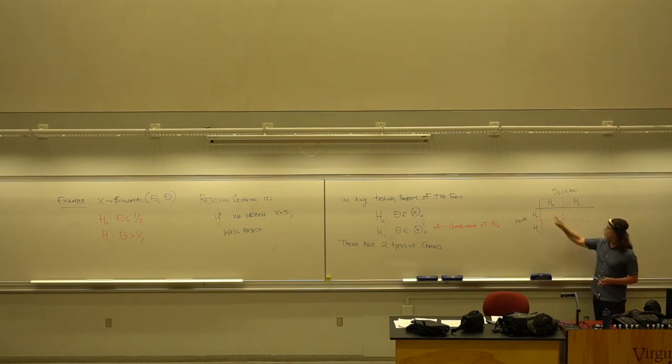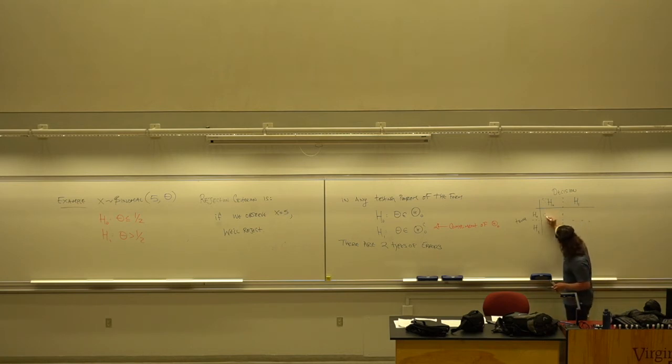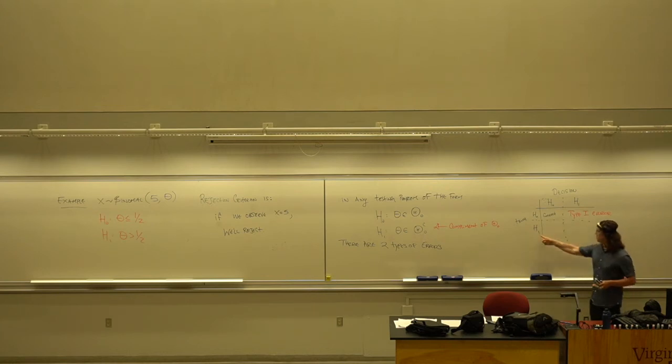Okay, if H naught is true and we decide H naught, we're correct. If H naught is true and I reject in favor of H1, we call this a type 1 error. If H1 is true and we decide H1, we're correct. There's no error. And if H1 is true and we fail to reject, that's the typical one-on-one language, i.e. I've decided H naught.